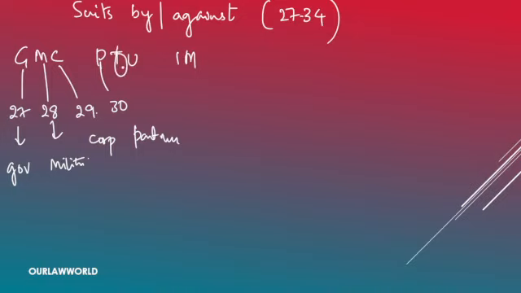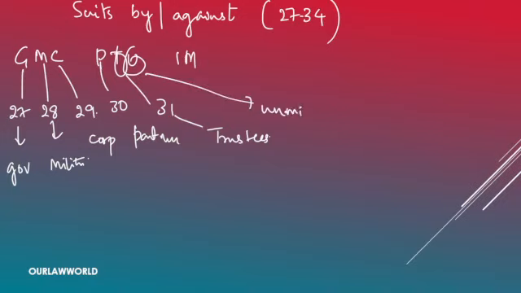For T, the 31st order, suits by or against trustees. And for U, suits by or against unsound mind and minors.